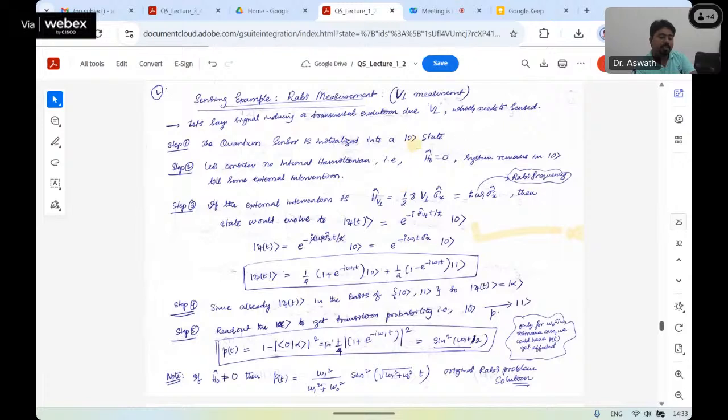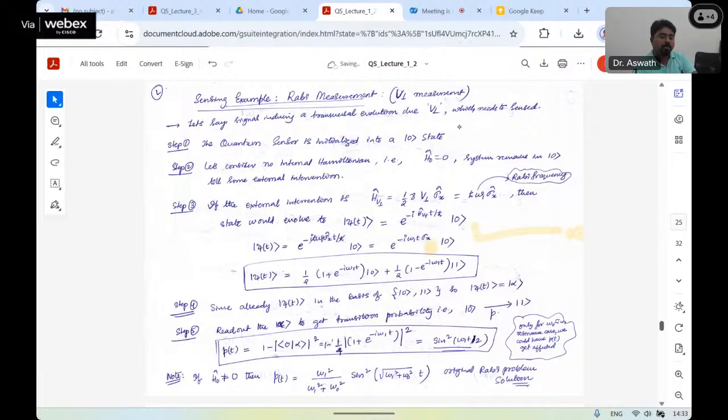Now, since H0 is 0 and there is no V parallel, the only contribution to the Hamiltonian is coming from this. So I can just find the unitary operator using this V perpendicular Hamiltonian. That unitary operator acting on the quantum state 0, which I started with, gives me some state which I can easily calculate using Pauli x.